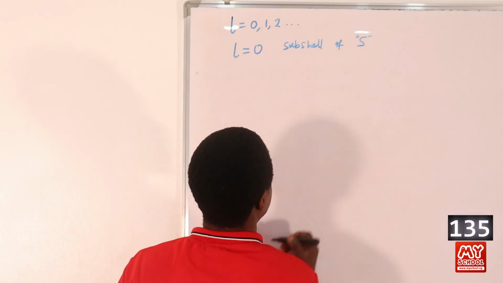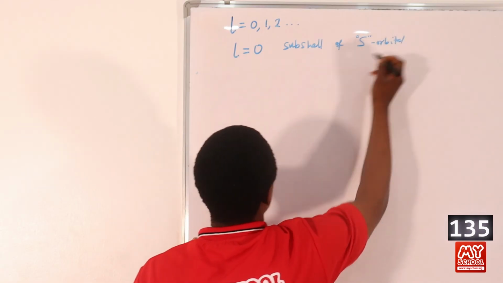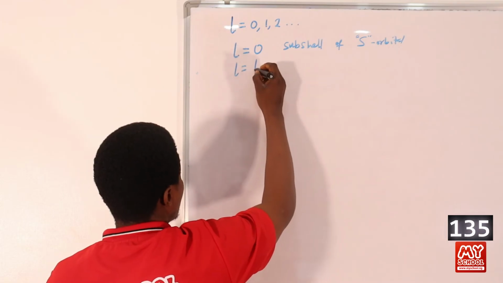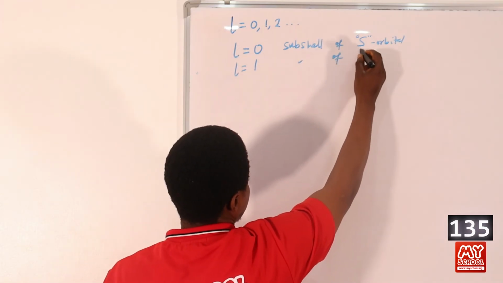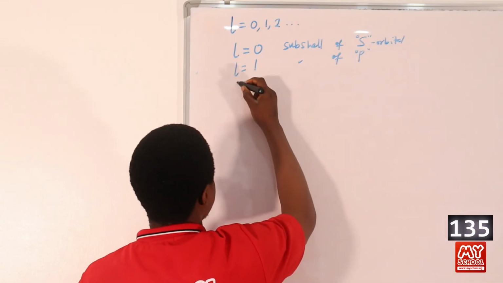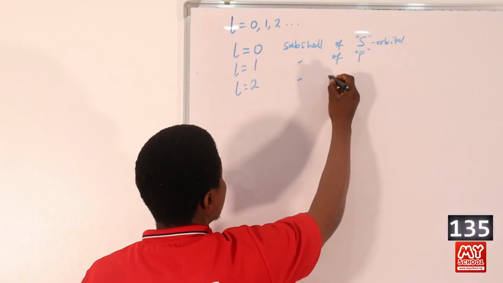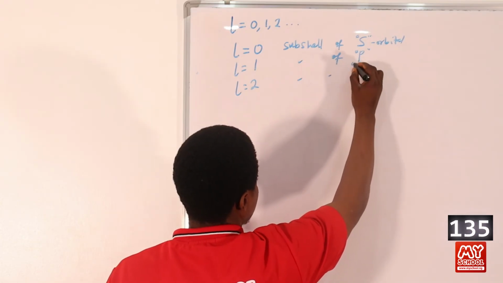That's why we call it the S orbital. When L is equal to 1, the subshell is P, the P orbital. When L is equal to 2, the subshell will be D, and so on and so forth. So let's not move further.